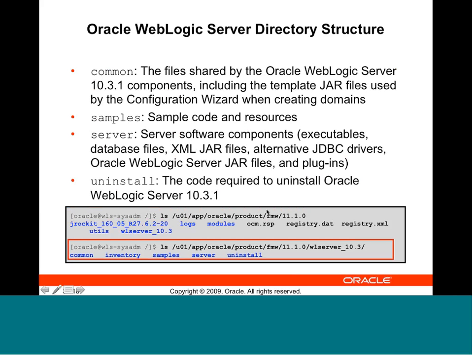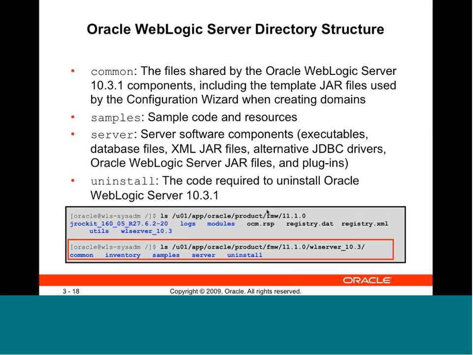Now whenever you go and create a domain, for that particular domain you will have a different directory, and each domain will have its own utilities to manage instances which are part of that particular domain, right? So the management that you will do most of the time will be of domains, right?